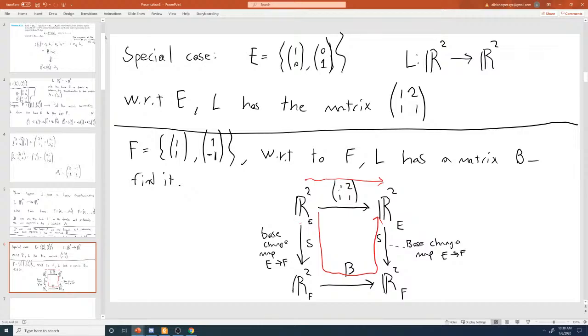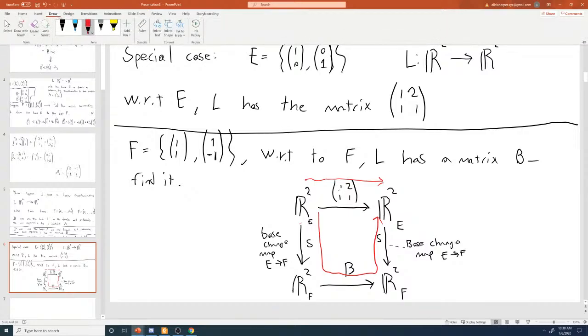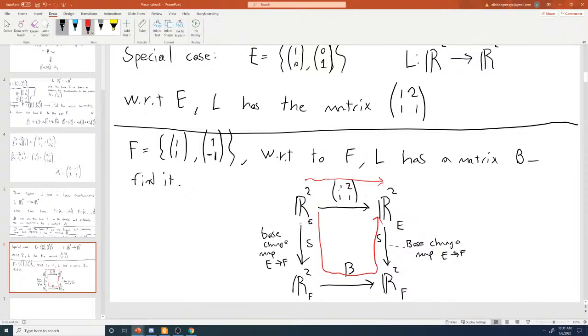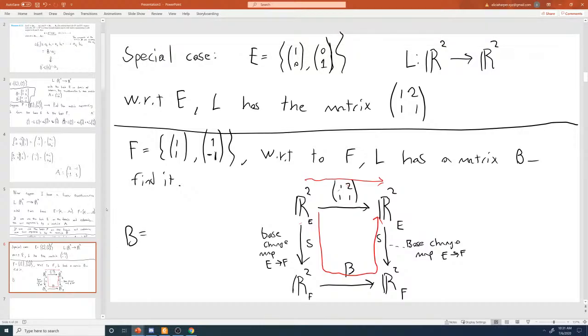So consequently, what this tells us is that there should be a very tight relationship between B and this matrix. Namely this. B should be equal to the composition of this matrix, 1, 2, 1, 1, with the following.